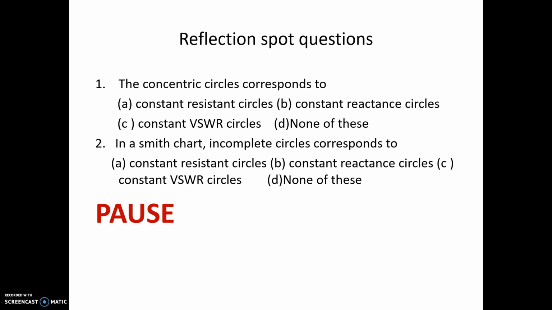The concentric circles correspond to: a constant resistance circle, constant reactance circle, constant VSWR circle, or none of these. And the second question: in a Smith chart, incomplete circles correspond to: constant resistance circle, constant reactance circle, constant VSWR circle, or none of these. You can pause for a minute and then look for the answer.